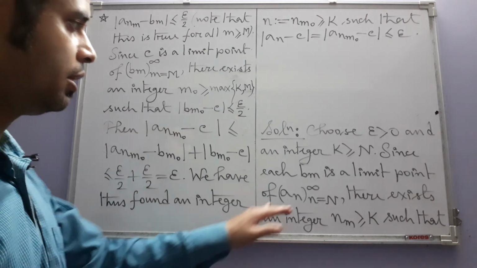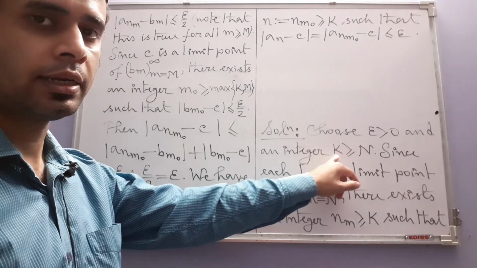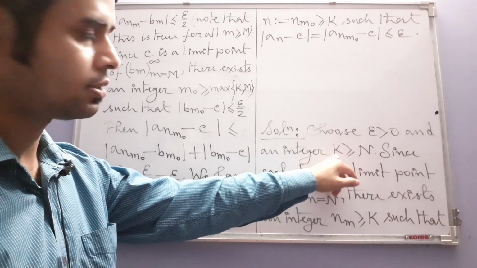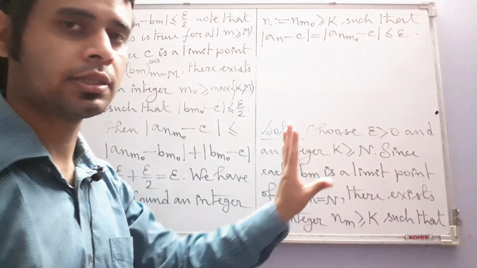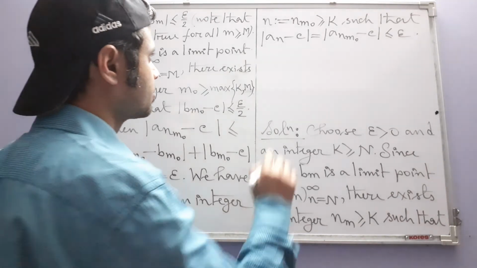So that's it. We have found one n that exceeds that chosen stage k, such that the distance between a n and c is less than or equal to epsilon.